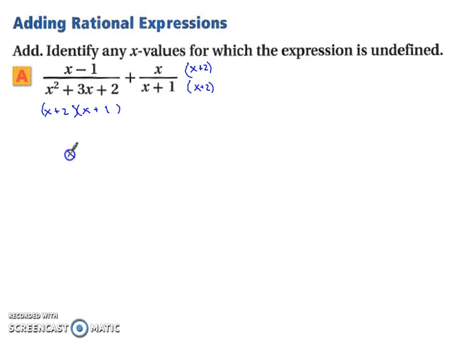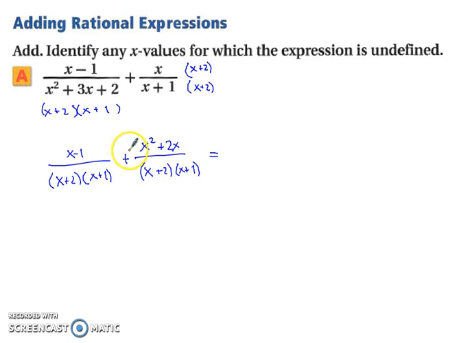So that leaves you with x minus 1 over x plus 2, x plus 1, and then we're going to add that to x squared plus 2x, all we did was distribute there, over x plus 2, x plus 1.